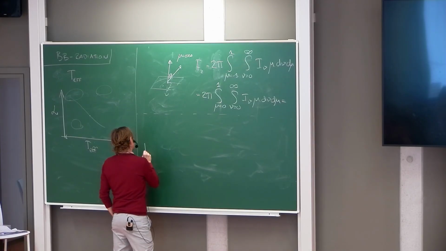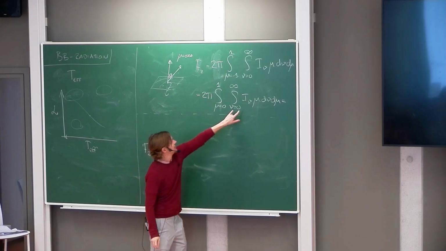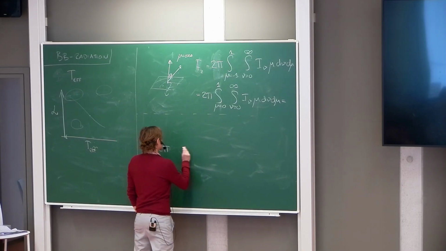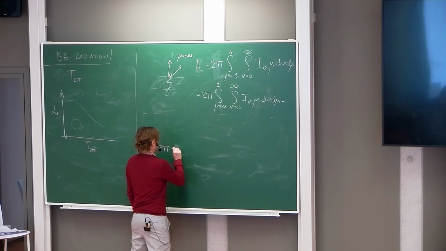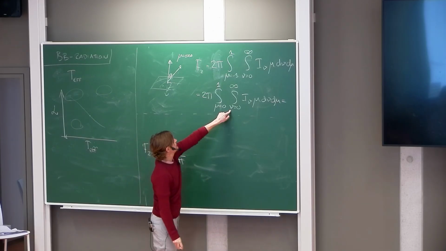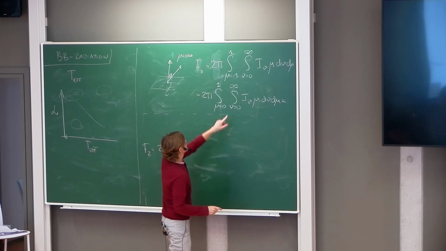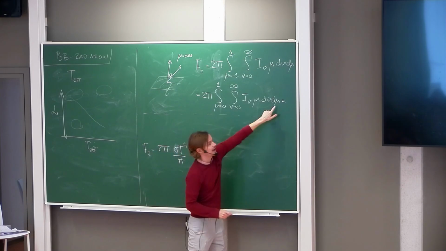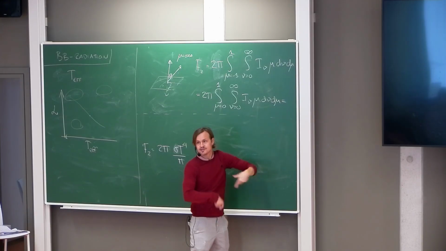So then F becomes 2 pi times the integral over the Planck function, which is sigma T^4 divided by pi, and then the integral over mu from 0 to 1 of mu, which is just 1/2.